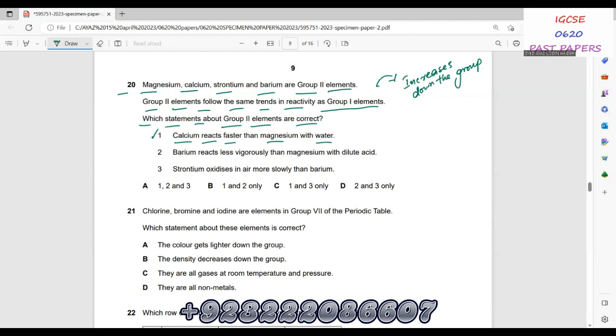Number 2, barium reacts less vigorously than magnesium with dilute acid. Barium is below magnesium, so it will react more vigorously or violently with dilute acid when compared with magnesium. So this statement is wrong.